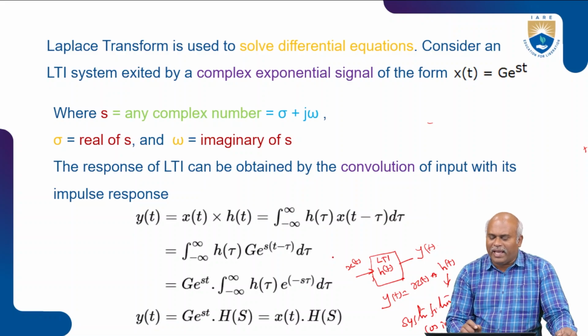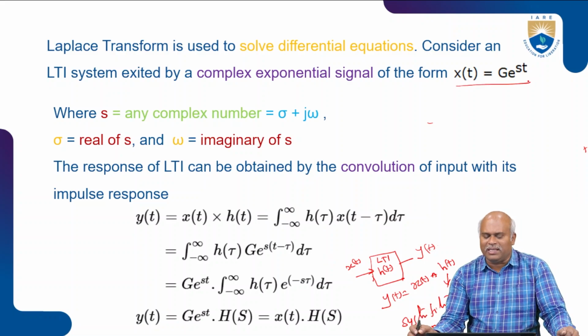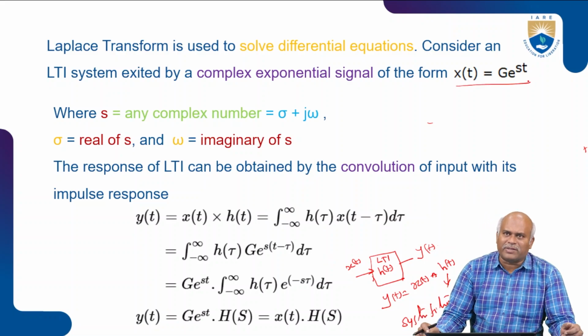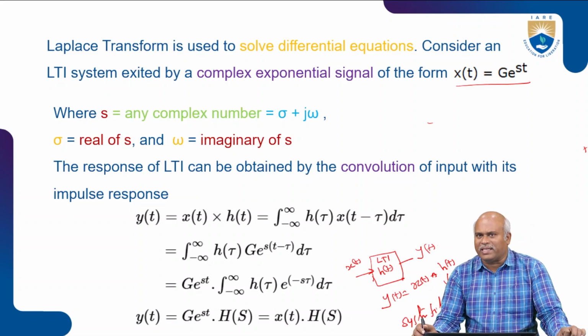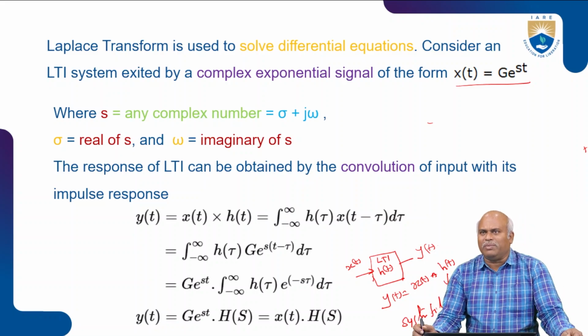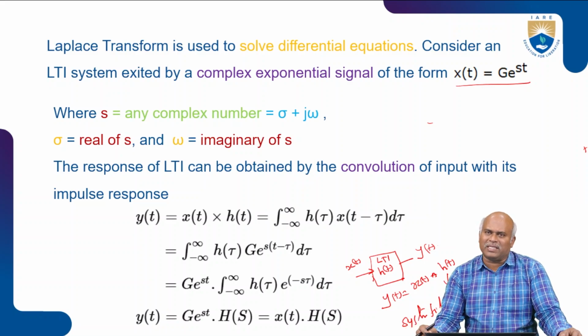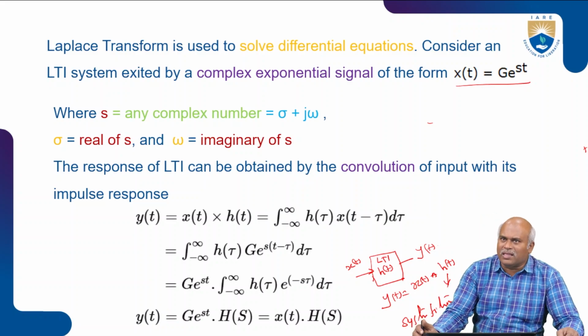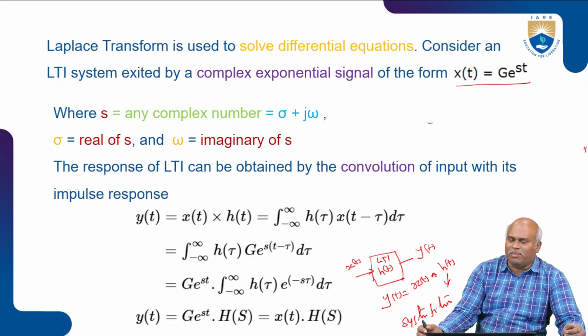Now we take the input x of t as a complex exponential signal, that is x of t equal to G e power st. G is the amplitude, e power st is the exponential, where s is equal to sigma plus j omega.